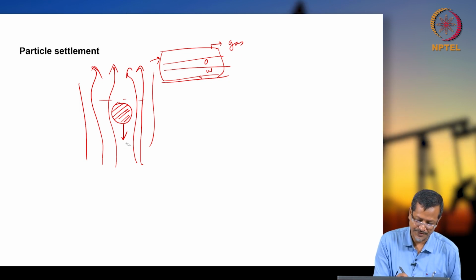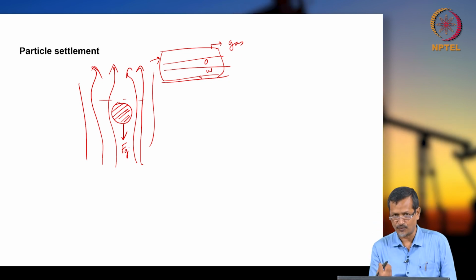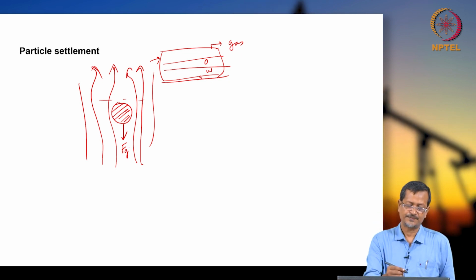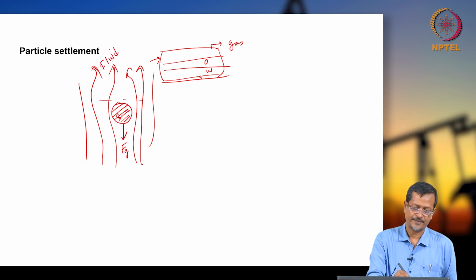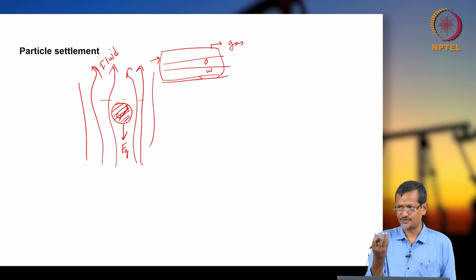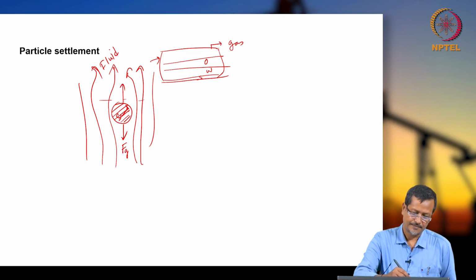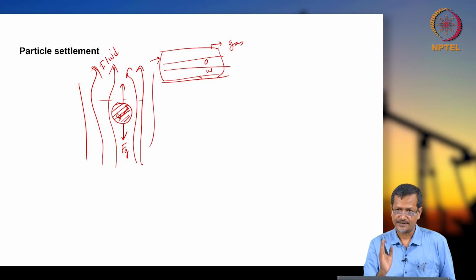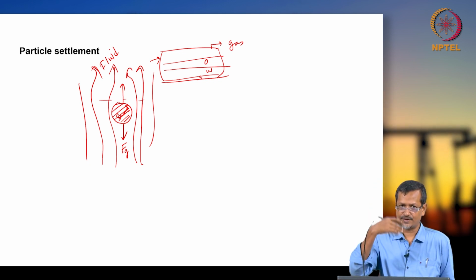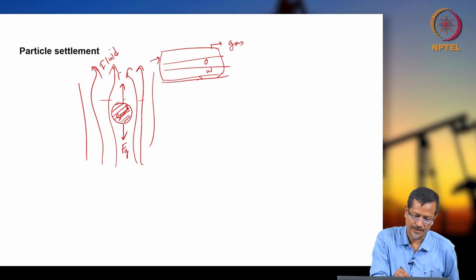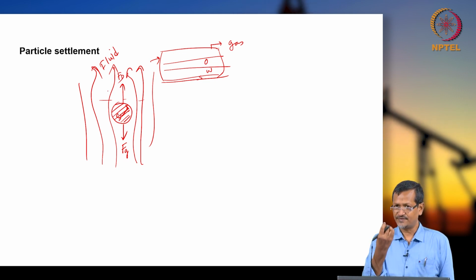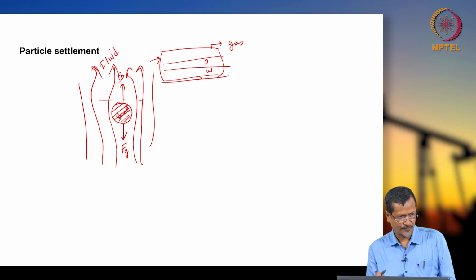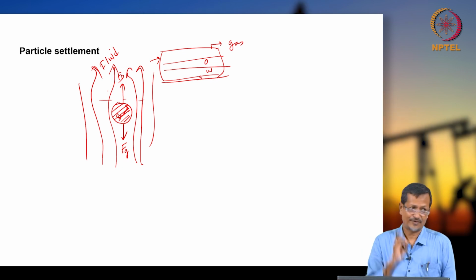This is the force due to gravity, Fg, because the particle is trying to fall down. Another force: because the fluid is moving up, it will drag the particle up. So Fd is the drag force. If Fg is higher, the particle will move down; if Fd is higher, it will move up.